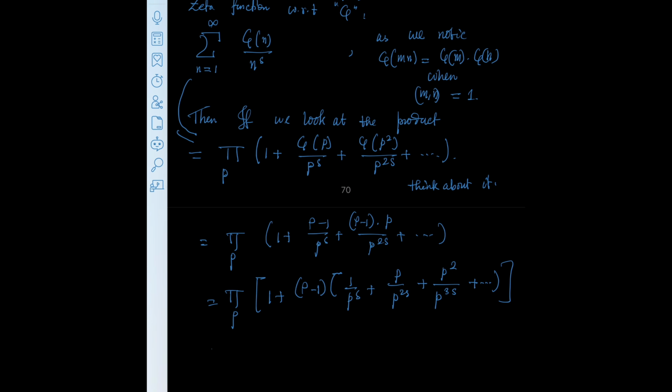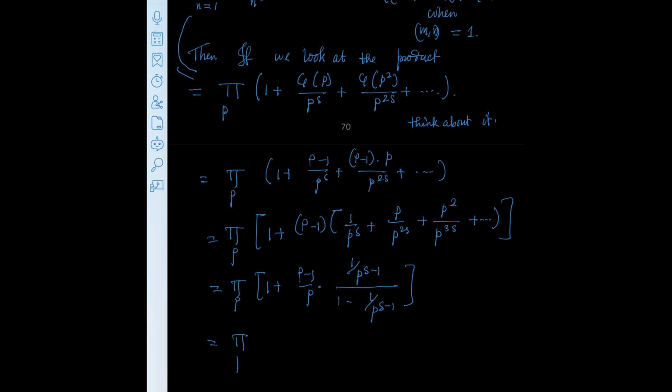Now this is just a geometric series, right? Which is the product over p of 1 plus p minus 1 by p times 1 by p to the power s minus 1, over 1 minus 1 by p to the power s minus 1.